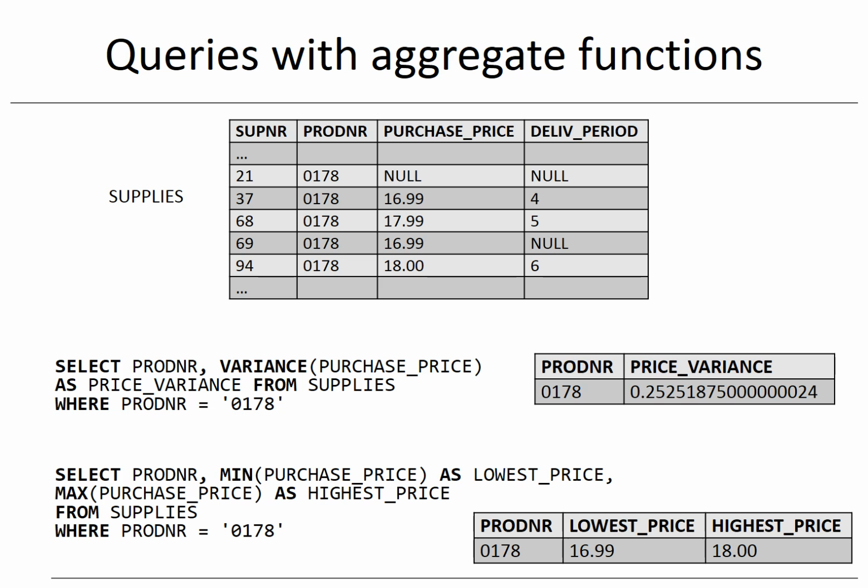Remember, the variance represents the average squared deviation from the average. The second query selects the product number, minimum price, and maximum price of all supplies tuples for which the product number equals 178. This results in the values 16.99 and 18, as you can see.